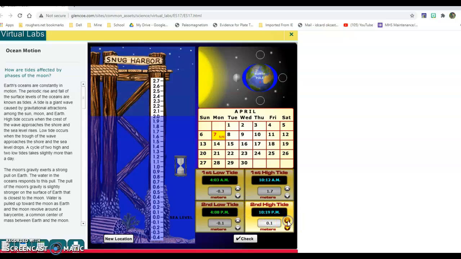And 2. Congratulations! You have correctly identified the tide measurements for this phase of the moon.